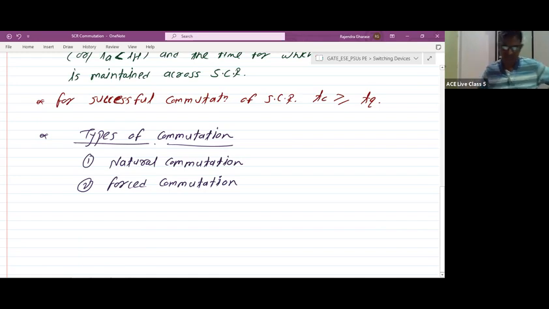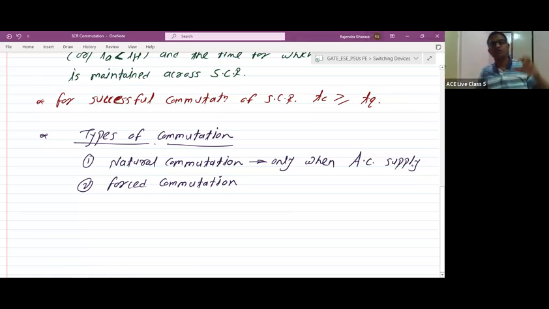Important thing, natural commutation and forced commutation. Natural commutation is possible only when the supply is AC. For example, consider a rectifier circuitry. For the rectifier, input is AC, output is DC.